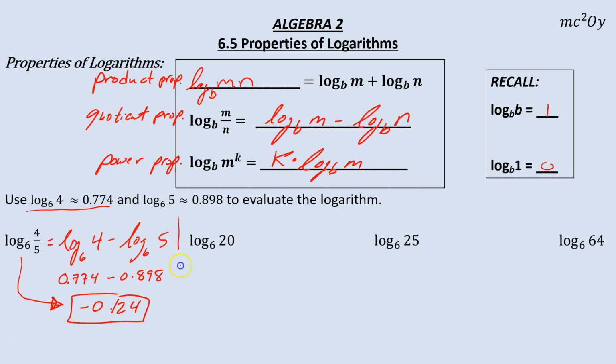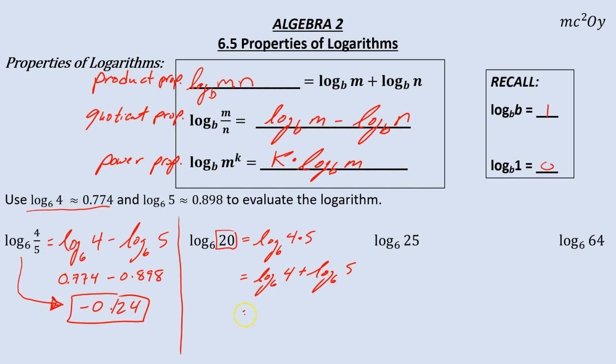So when we're doing something like this, what we want to do is look at the number. These are both log base 6, but how can you make a 20 using 4 and 5? Well, I could think of that as log base 6 of 4 times 5. And the product property says if I'm multiplying, I'm actually adding those two logs. Log base 6 of 4 plus log base 6 of 5.